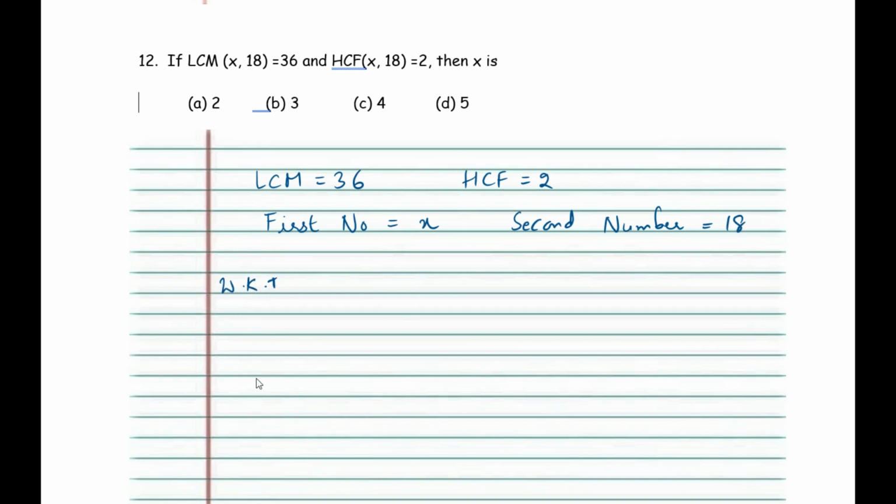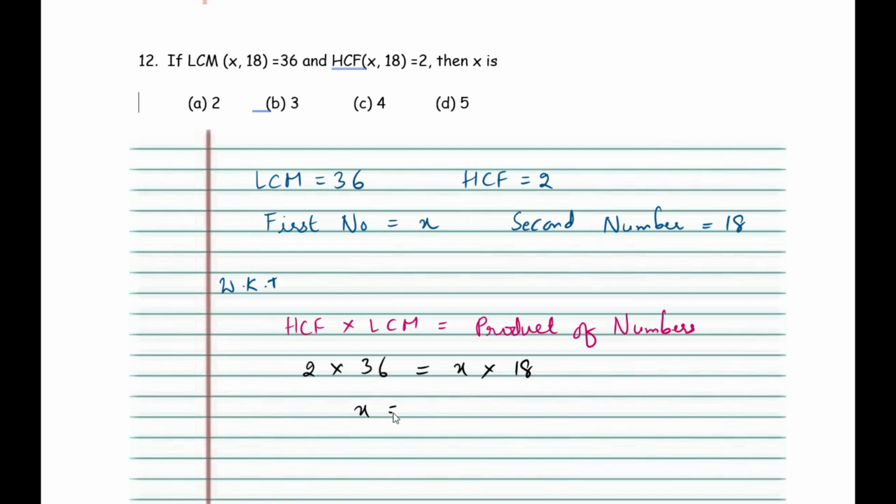Now we know that HCF into LCM of two numbers is equal to the product of the two numbers. What is HCF? HCF is already given, HCF is 2 and LCM is 36 and the first number is x and the second number is 18.